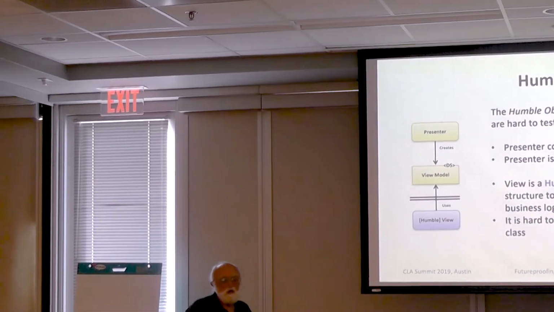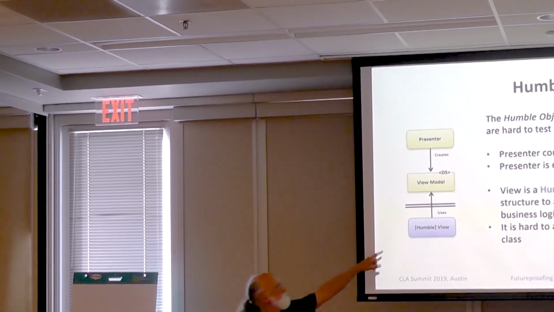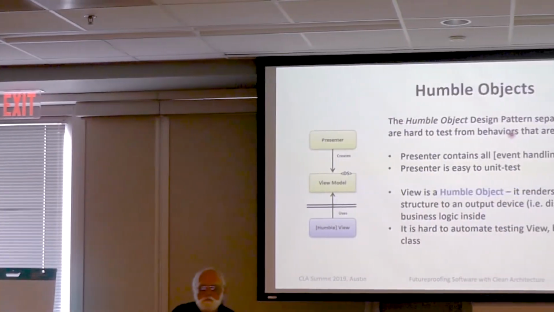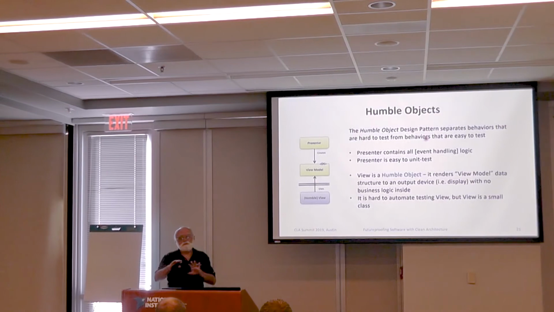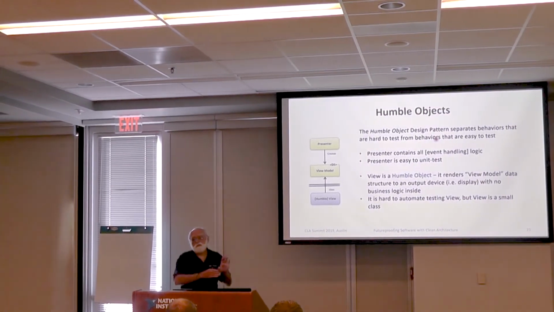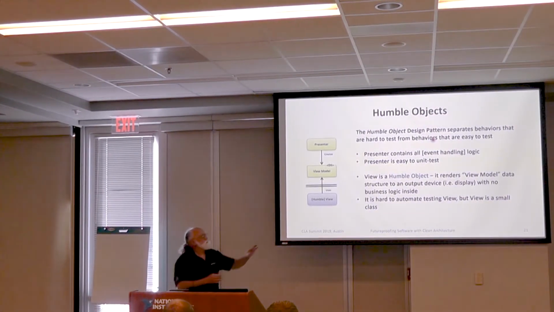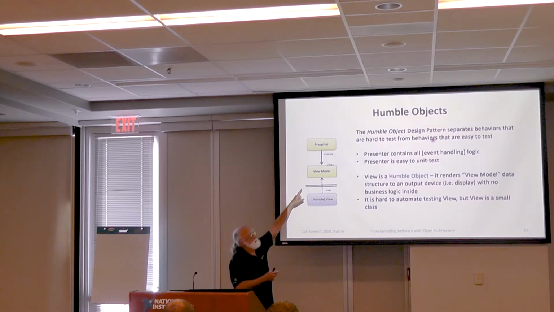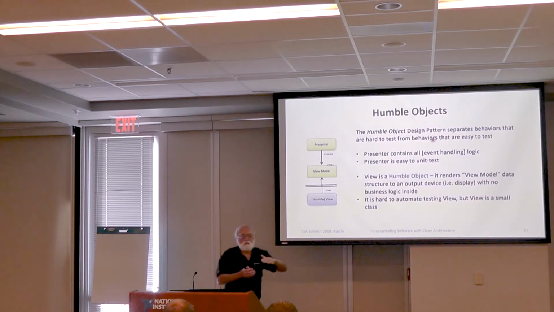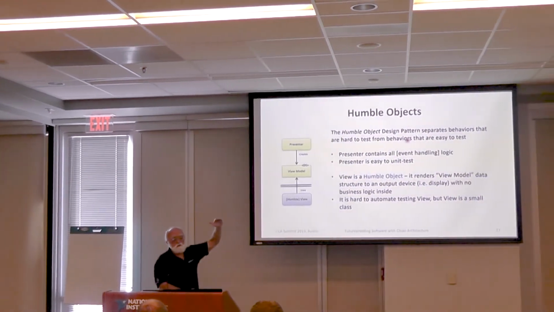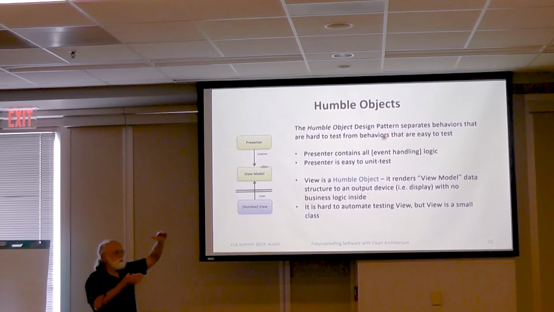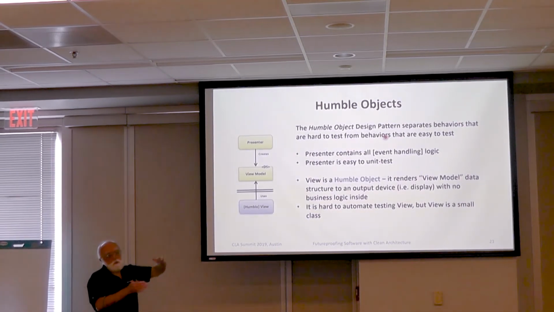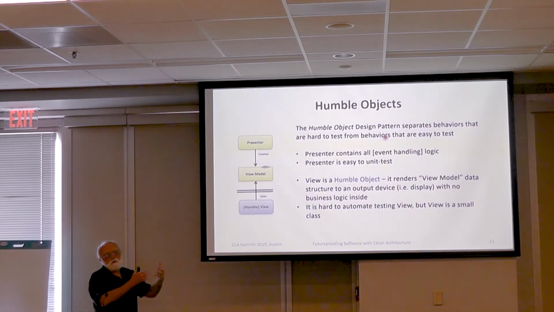And you have the humble view, the blue thing on the bottom, that just renders the data structure passed from the presenter to your display drivers. These data structures, Uncle Bob calls them view models. They may be a set of strings for each control on the front panel, and all the tabs for that control.